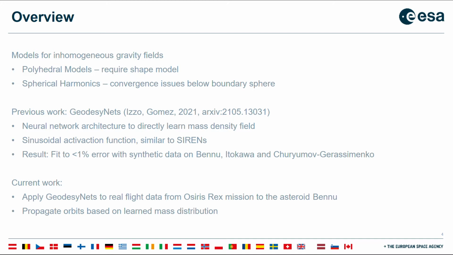And we tested them on synthetic data, and the result was a fit within 1% error on synthetic data of Bennu, Itokawa, and Churyumov-Gerasimenko. And this 1% error was achieved close to the surface, where any error would be most pronounced.